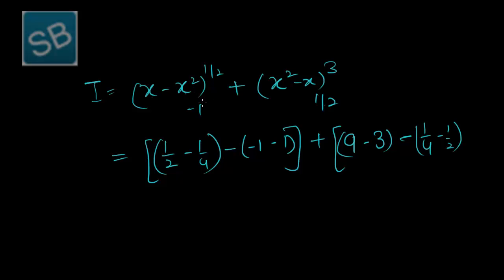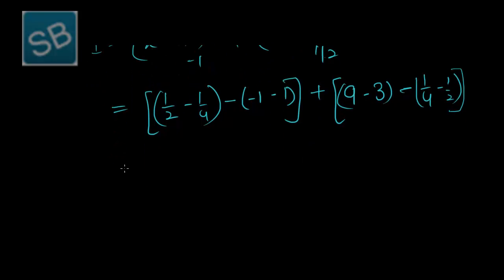So here we are substituting. Now half minus 1 by 4 is 1 by 4, minus of minus 2, that is plus 2, plus 6, minus 1 by 4 minus 1, that is minus 1 by 4.